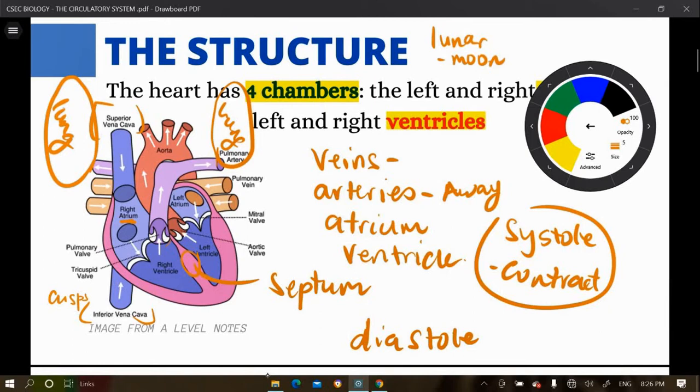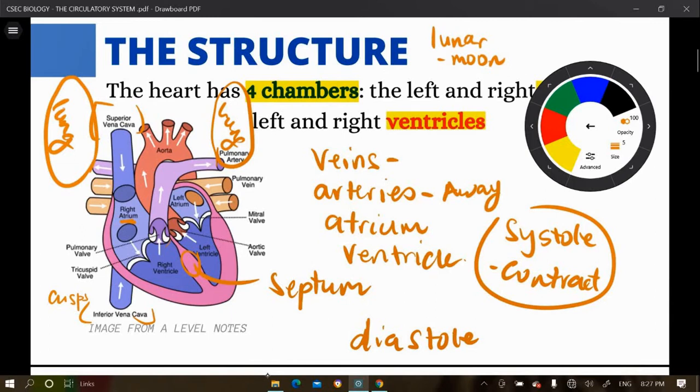Okay, so the pulmonary vein will bring oxygenated blood back to the heart, but this time the atrium that it will enter is the left atrium. All right, and once it gets to the left atrium, the same thing is going to happen.